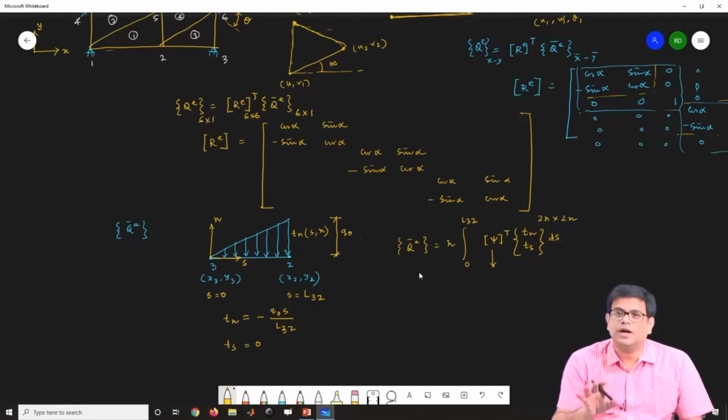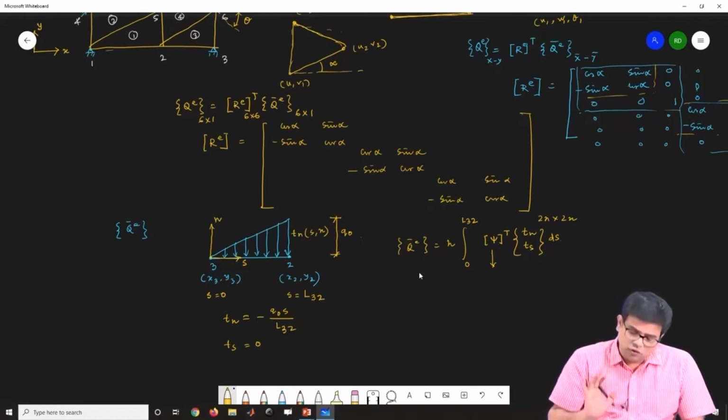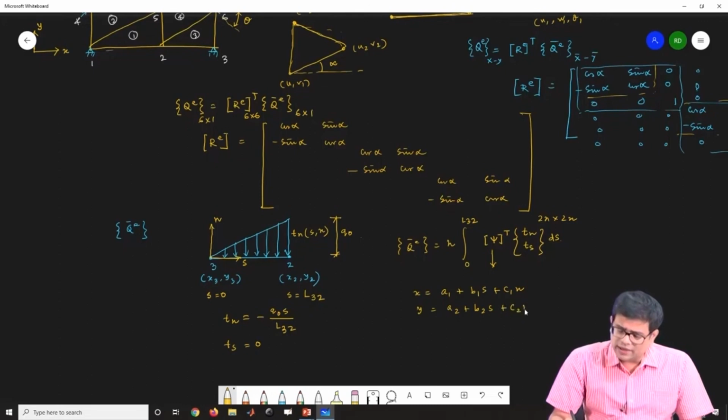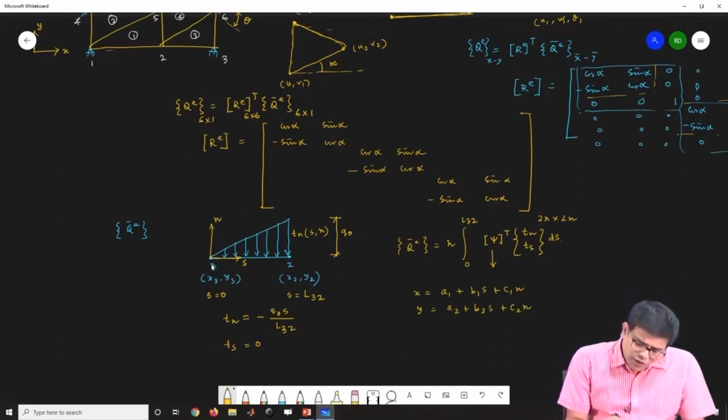Those constants are fine, but x and y we have to change to the s and n coordinate system. So let me write it again, x as 3 parameters. So x is actually a1 plus b1 s plus c1 n, and y is actually a2 plus b2 s plus c2 n. Now see, what we want is that our element is at n equals 0.